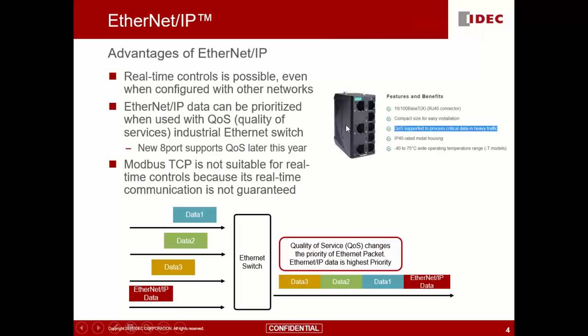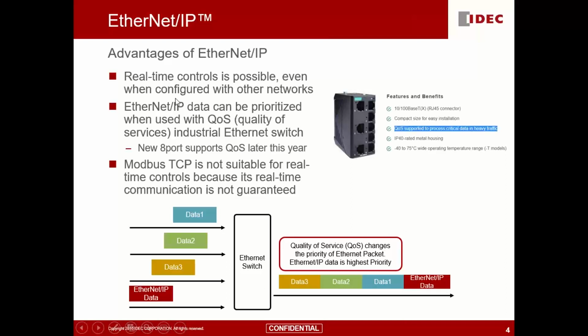The switch I have on this side is not ours, it's a competitor switch, but if you see they label it as QoS supported, that means it supports quality of service. What that means is, let's say you have an Ethernet switch and all kinds of data coming through that switch. With QoS, the switch will prioritize and say, okay, EtherNet/IP data has the most priority, and it will send this information first before it sends other data.